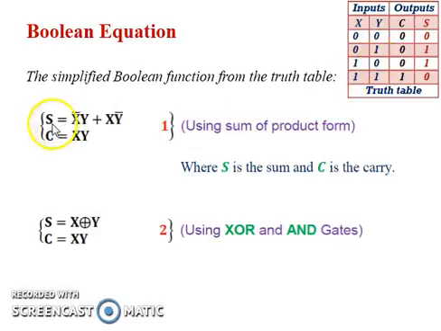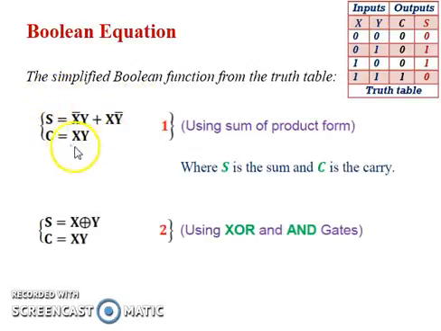So here is the equation of sum, that is x dash y plus xy dash. In the same way, the equation for the carry part will be only xy, because at one place we are getting only 1. So here are the Boolean functions for sum and the carry.